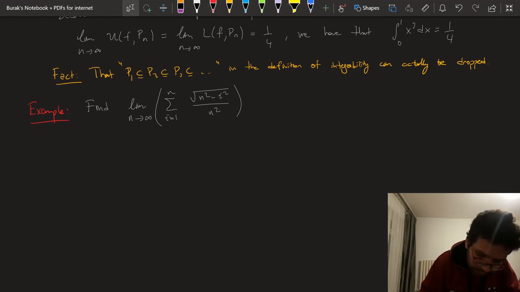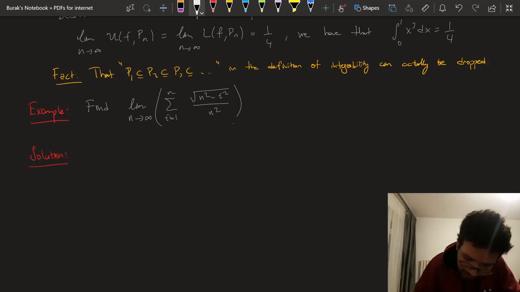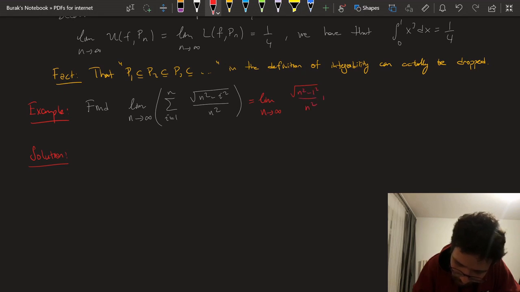So this is like, let me write this down explicitly without sigma notation. It's like for i equals 1, I get square root of n squared minus 1 squared divided by n squared, plus, then I have n squared minus 2 squared divided by n squared, plus dot dot dot.